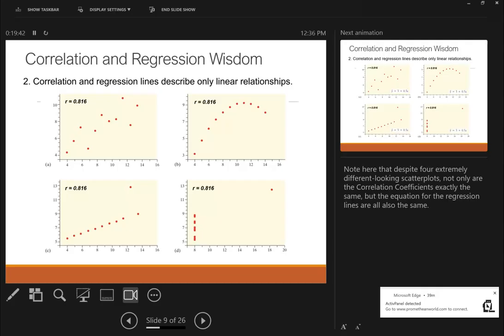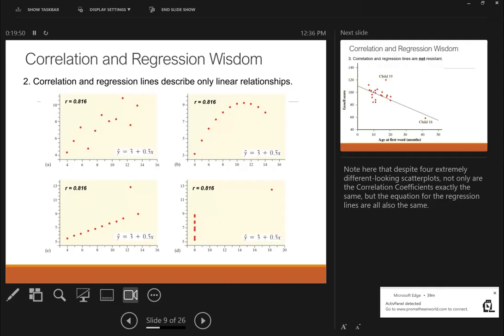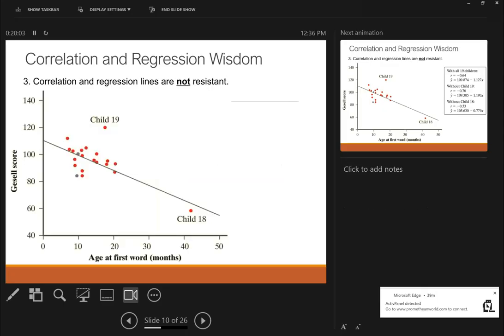So again, the R value on its own tells you very little about what is really going on. And in fact, not only do they all have the same R values, this line of best fit would be the same in each of these cases as well. What? I know, shocking.